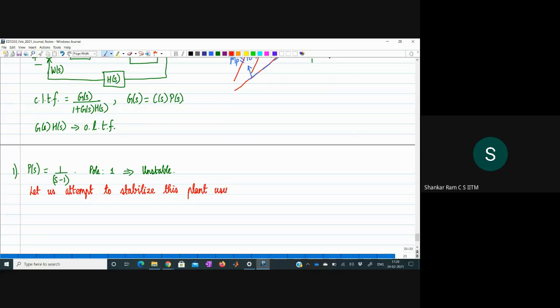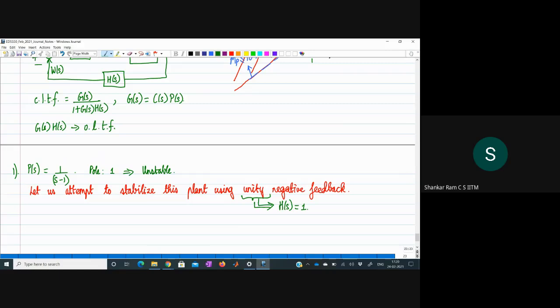using a unity negative feedback to begin with. So what is the implication of feedback being unity feedback? It will imply that H of S is 1, right?